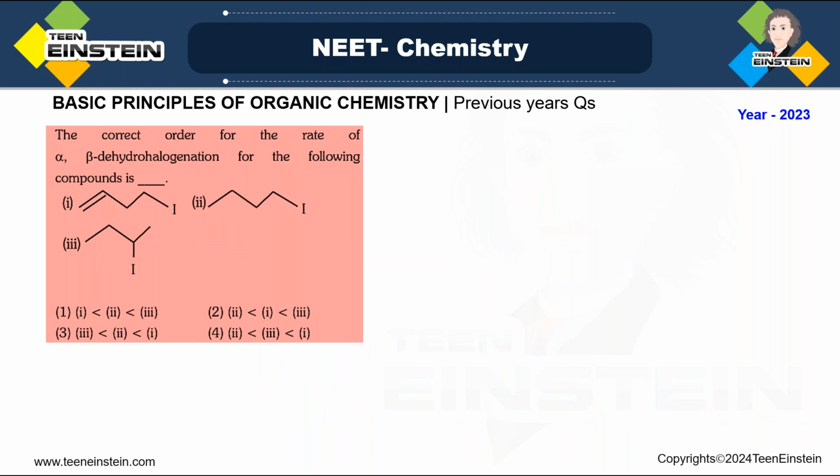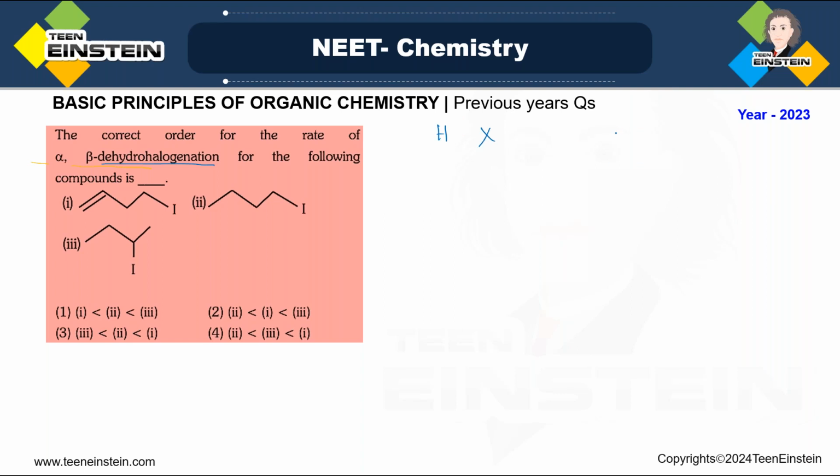The correct order for the rate of alpha beta dehydrohalogenation for the following compounds. Alpha beta dehydrohalogenation, we have to understand the meaning of this line. Dehydrohalogenation, first focus on this term. Hydro means H and halogen means X. X may be F, Cl, Br, I. Now D means you are removing these 2 species.